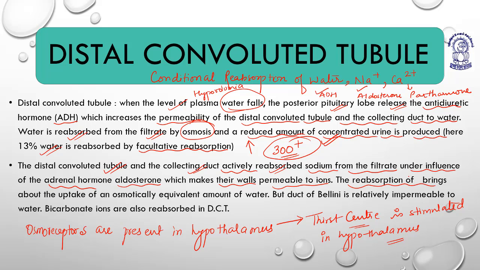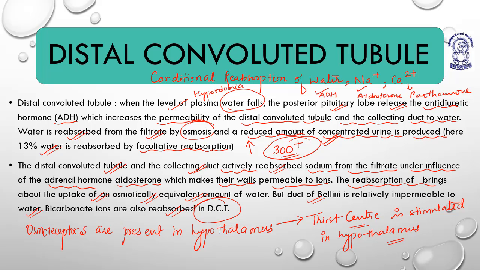The reabsorption of sodium ions brings about the uptake of an osmotically equivalent amount of water, but the duct of Bellini is relatively impermeable to water. Very important. The duct of Bellini is impermeable to water. Bicarbonate ions are also reabsorbed in DCT.